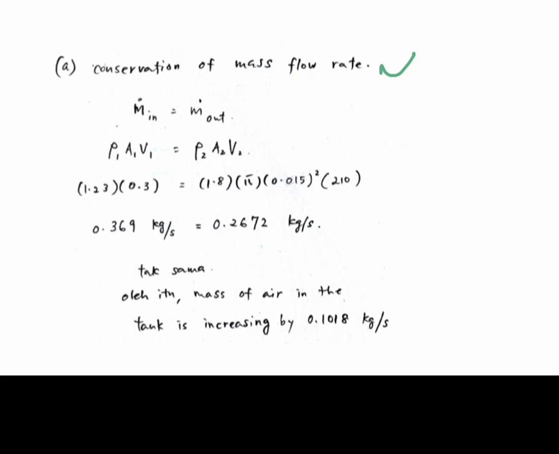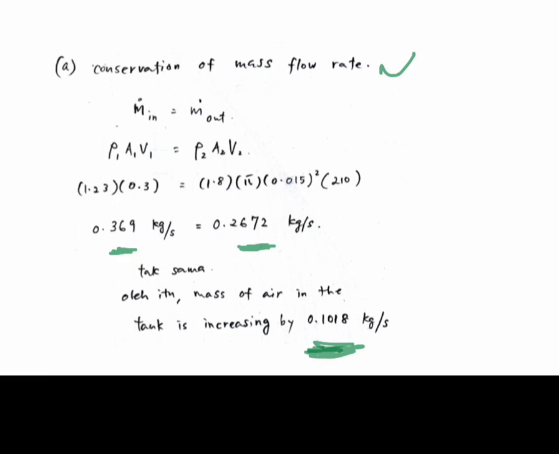If we calculate that, we find that the mass flow rate at inlet is 0.369, but the mass flow rate at outlet is 0.26, so it is not the same. So we could simply subtract 0.26 from 0.369.